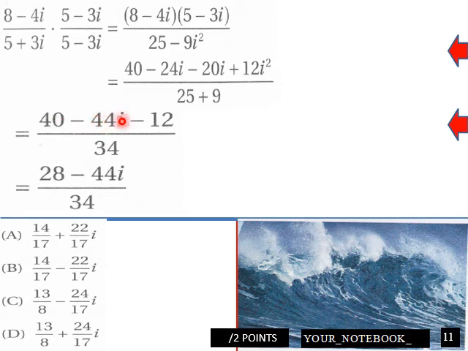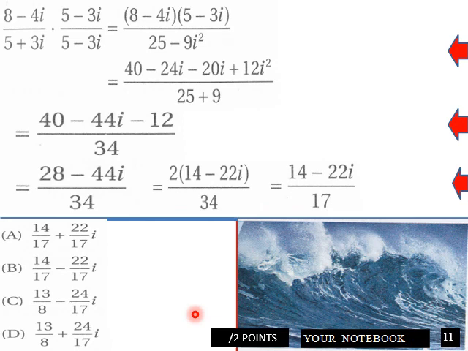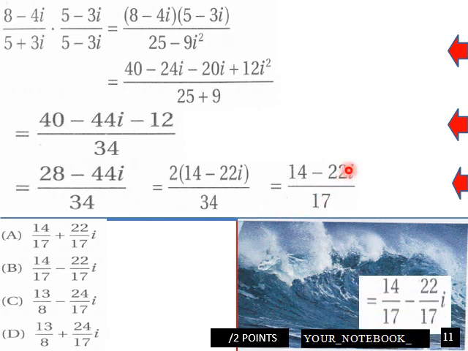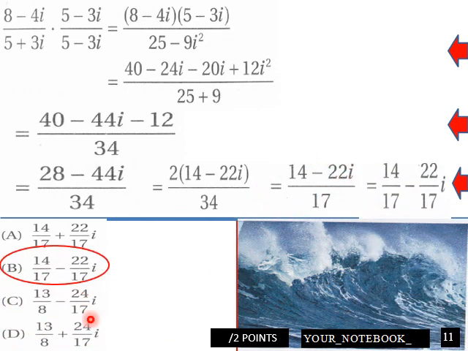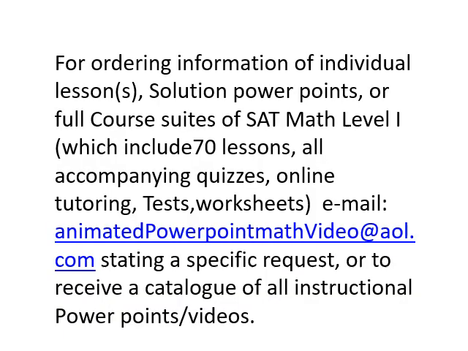This becomes 40 minus 44i minus 12. So these are combined, and this becomes a negative 1, negative 12 here. And then 40. And then further combining, we get 28 minus 44i over 34. And then we can factor out 2, and it becomes 14 minus 22i over 17, which is b right here.